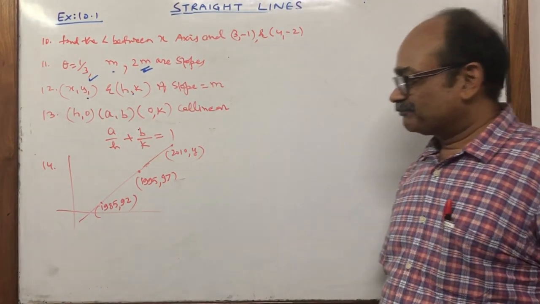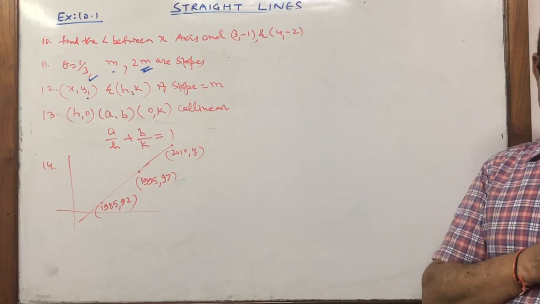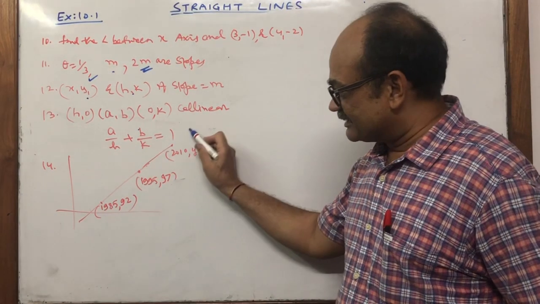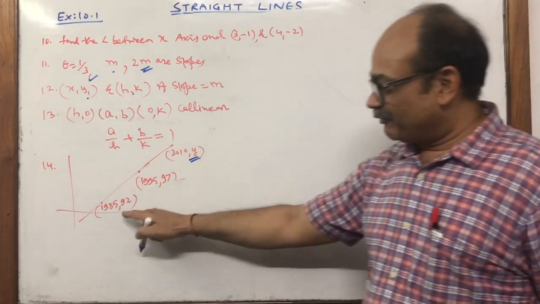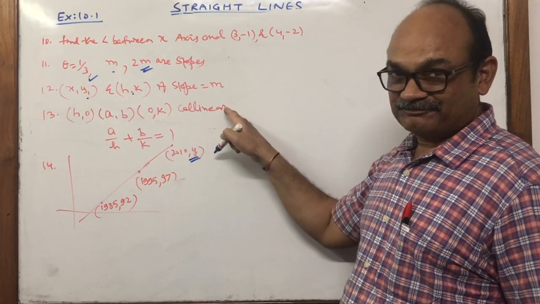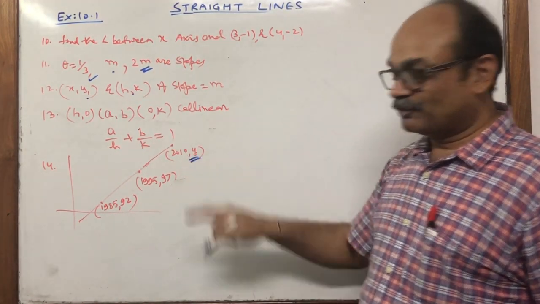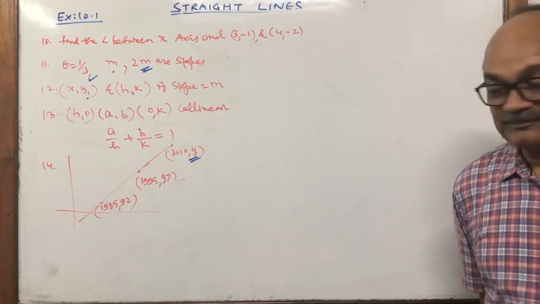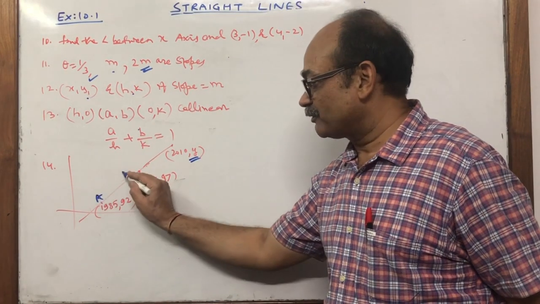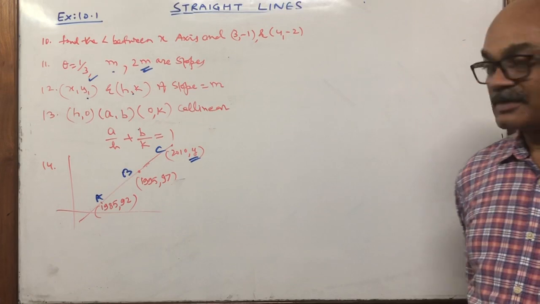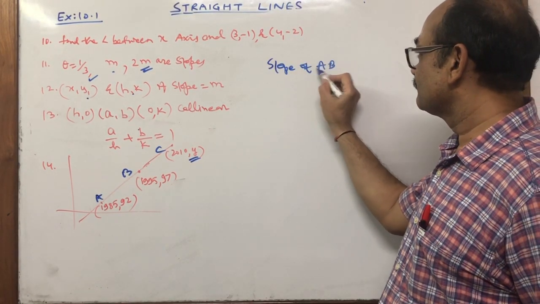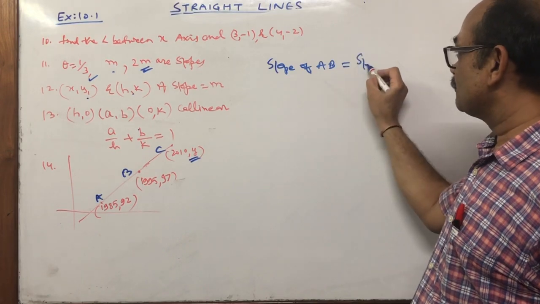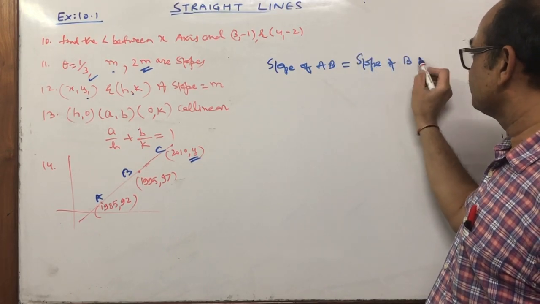Last one is like class 9th or 10th. These are the 3 points, but y is missing. When 3 points are collinear, again the same question. When 3 points are collinear, their slopes are same. So here suppose points are A, B, C. So slope of AB equals slope of BC.